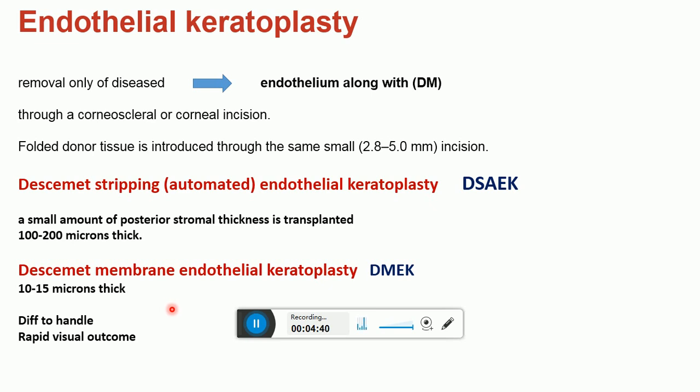However, the grafts are able to attach to the host tissue with less unevenness, which leads to more rapid visual recovery. Good visual outcomes and low rejection rates are achieved, but intraoperative complication rates are higher than DSAEK.